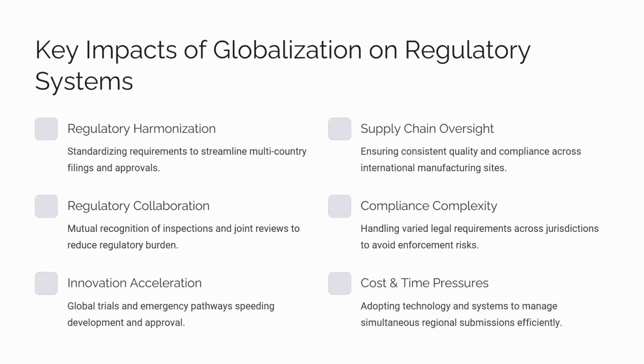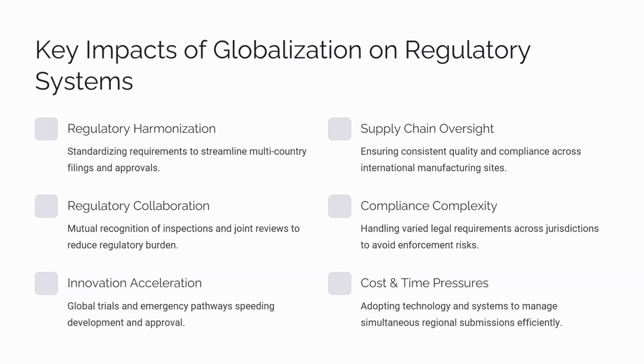The first thing globalization has an impact on is regulatory harmonization, where standardizing requirements to streamline multi-country filings and approvals is very important. Then, regulatory collaboration, where mutual recognition of inspections and joint reviews are done to reduce regulatory burden. Then innovation acceleration, where global trials and emergency pathways speed up development and approval.